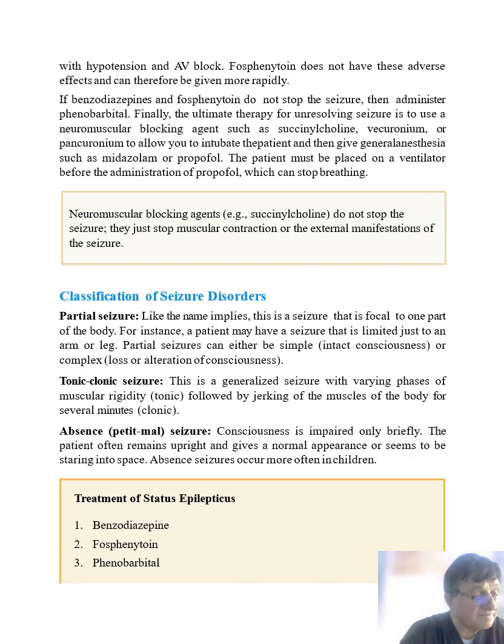Finally, the ultimate therapy for unresolving seizure is to use neuromuscular blocking agents such as succinylcholine, vecuronium, or pancuronium to allow you to intubate the patient and then give anesthesia like midazolam or propofol. The patient must be placed on a ventilator before the administration of propofol, which can stop the breathing.